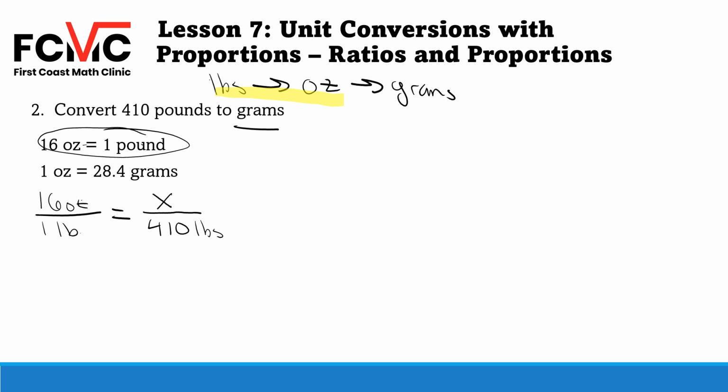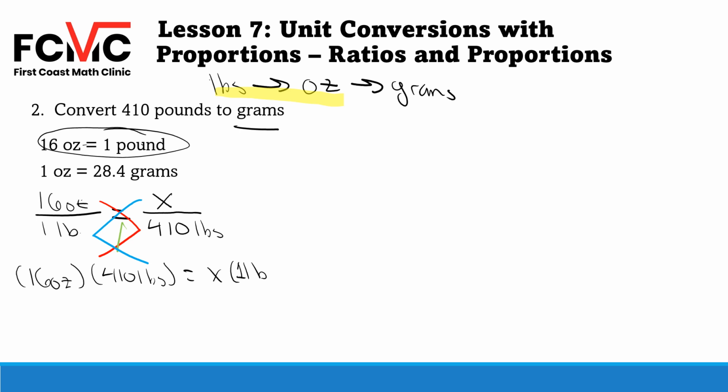So let's cross multiply. Bring it down. Cross multiply. So we get 16 ounces times 410 pounds equals x times 1 pound.